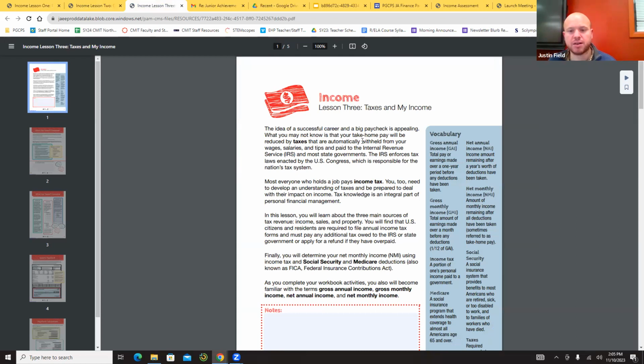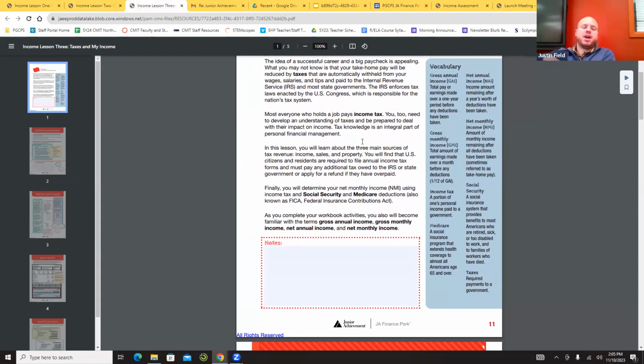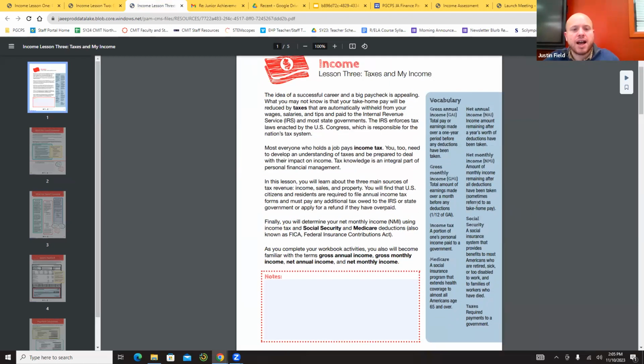taxes and my income. Okay, so the idea of a successful career in a big paycheck is appealing. What you may not know is that your take-home pay will be reduced by taxes that are automatically withheld from your wages, salaries, and tips and paid to the Internal Revenue Service, the IRS, in most state governments.